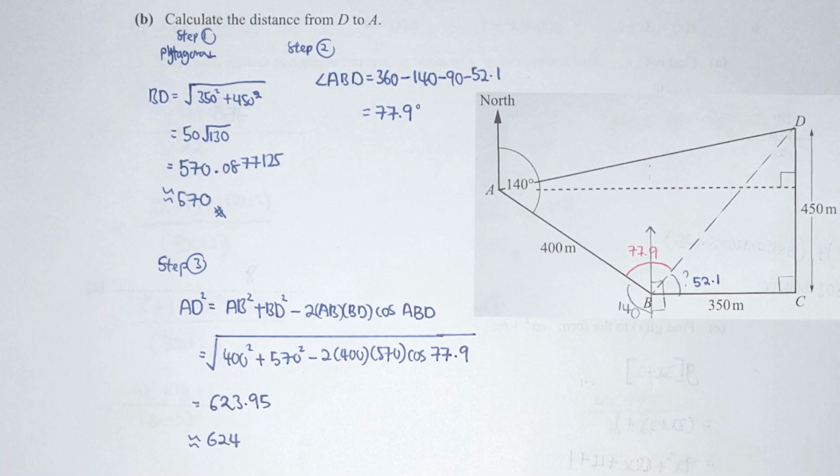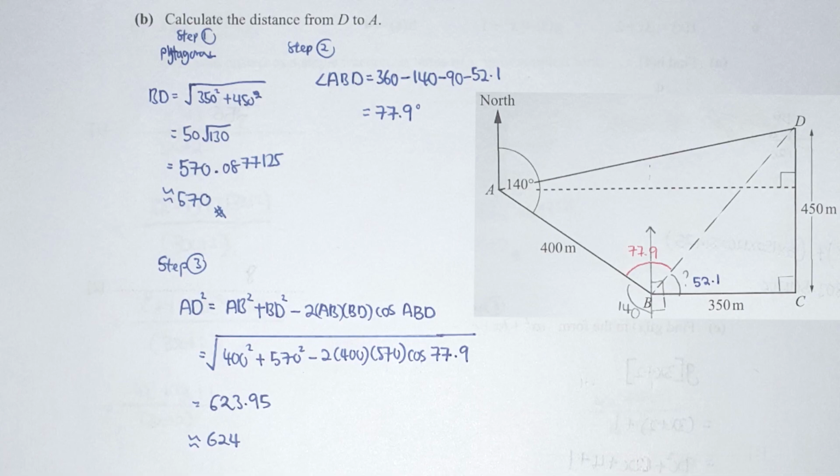And then you can proceed with the calculation of angle ABD. If you took a look at the graph that I illustrated, I drew the 90 degree on the right hand side twice, which forms a 180 straight line. And then I use alternate angle theorem, where I transfer the 140 degree down. So through this, you will know that the balance of the top will be 52.1 plus 90 plus 140, and you take 360 minus this result.